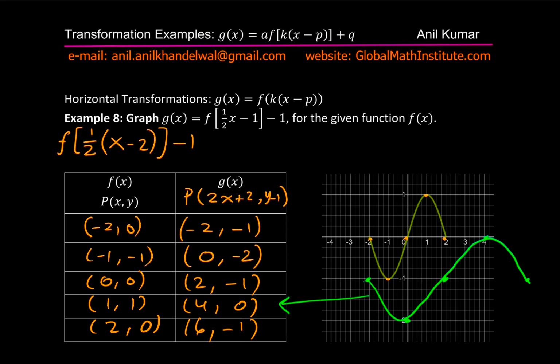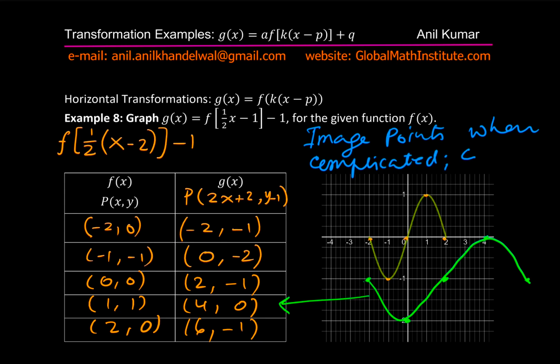Your method could be to consider image points when it is complicated, I mean, when we have a combination of transformations. Is that clear to you? But if it is a simple case, you can straight away sketch it from the graph.